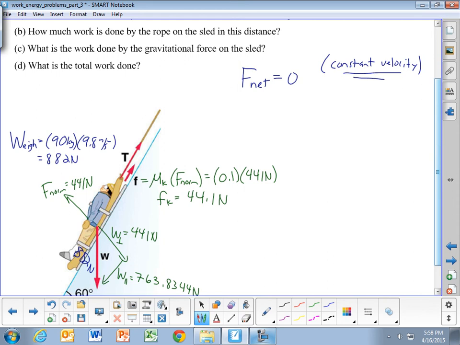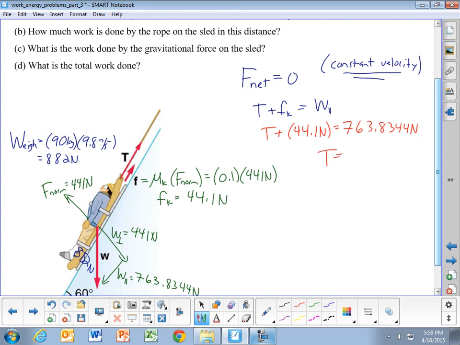So the forces acting up the ramp, the tension plus the force of friction, has to equal the forces acting down the ramp, which is that parallel component of the force of gravity. So the tension plus 44.1 newtons equals that parallel component of the force of gravity, 763.8344 newtons.